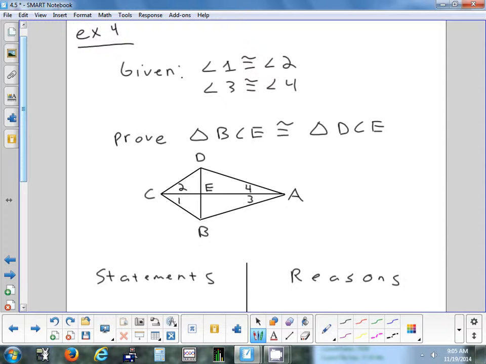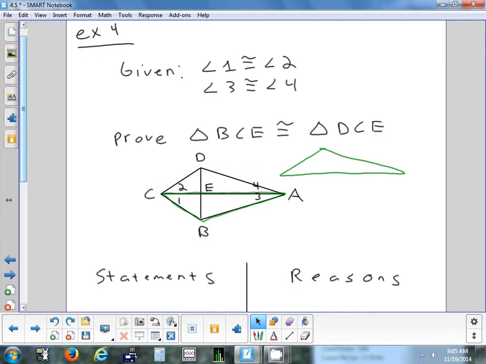So to start, I'm going to focus on that triangle and that triangle, those two separate ones.